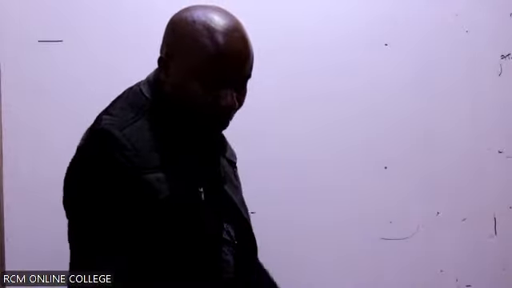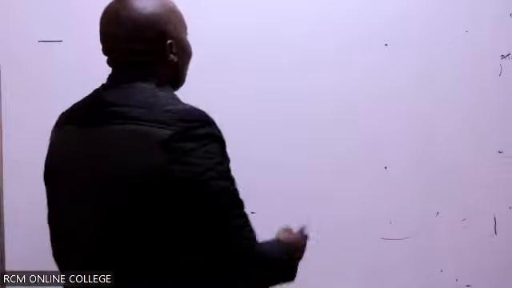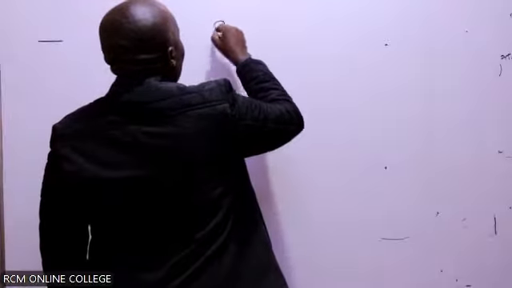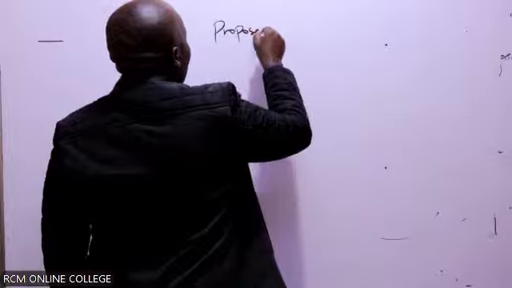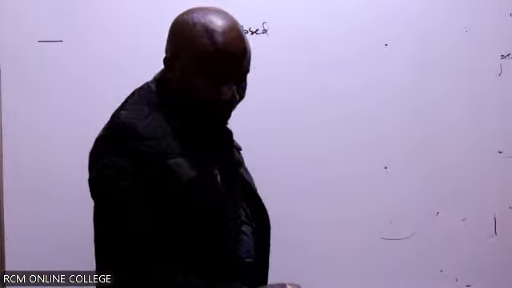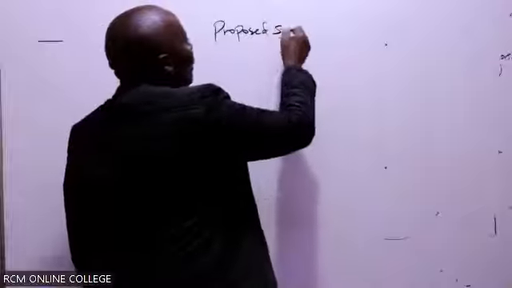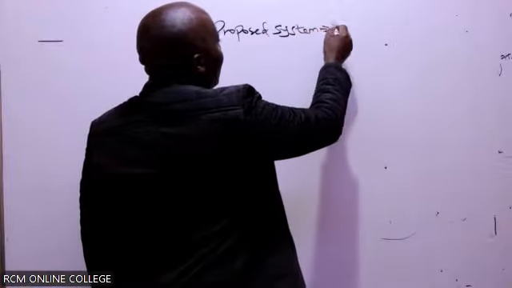All right. So then, ladies and gentlemen, in this case here now, they want us to give them the proposed system, which is what they are calling just in time.